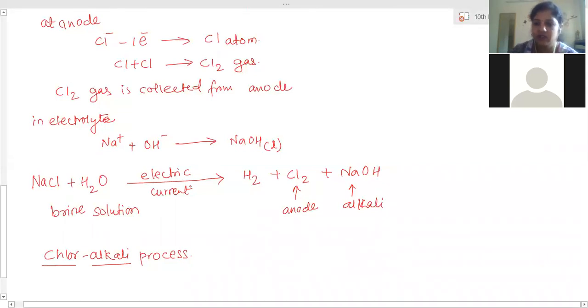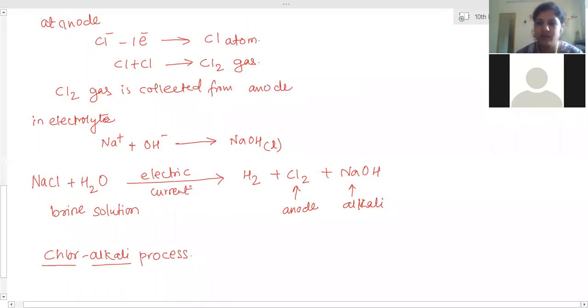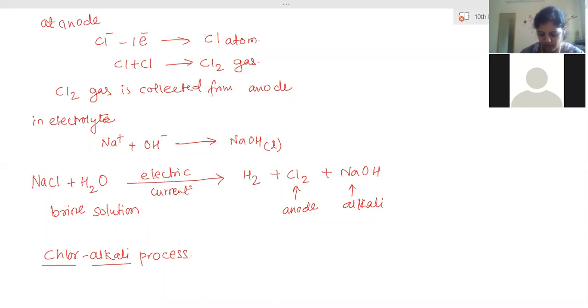What are alkalis? I have explained: bases that are soluble in water. All the soluble bases, the bases formed from the higher reactive metals, are called alkalis. Sodium hydroxide is one of the alkalis. I told you four names. Do you remember those four names? Four very common alkalis are the hydroxides of the first four elements of the reactivity series.